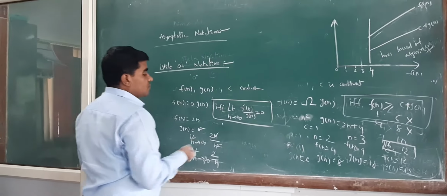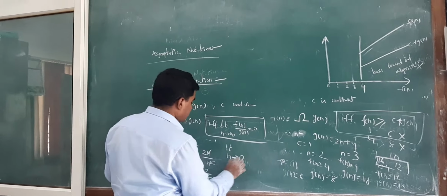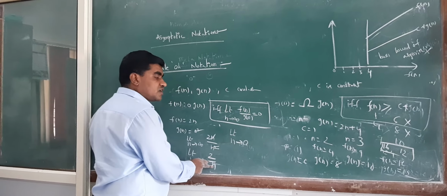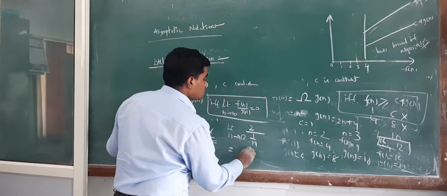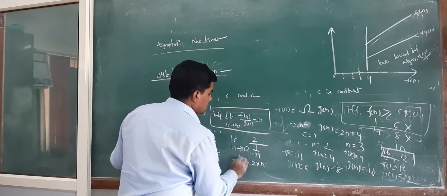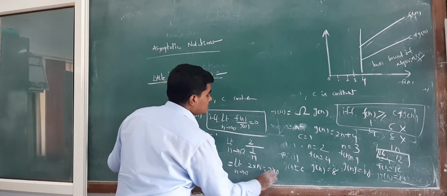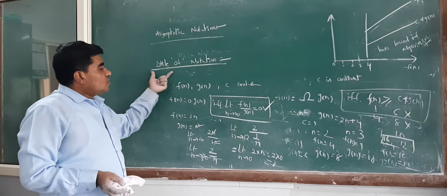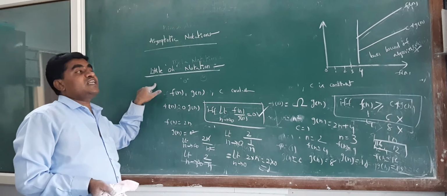We can't apply limit n tends to infinity directly, so we convert to limit n tends to 0: instead of n, we write 1 by n. 2 by 1 by n is 2 into n. Limit n tends to 0, 2 into n is 2 into 0, that is 0. It is satisfied.